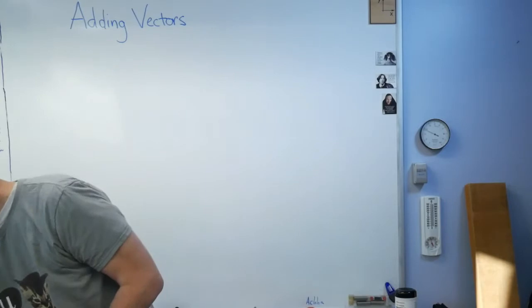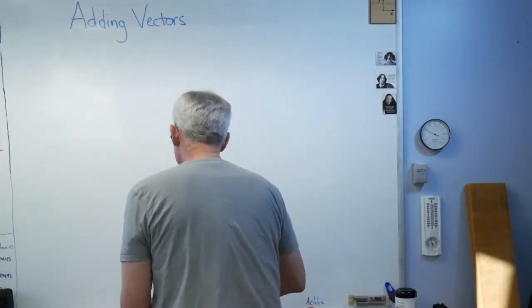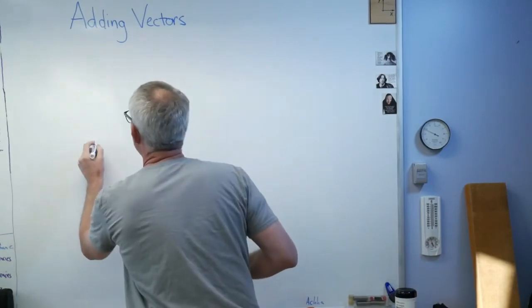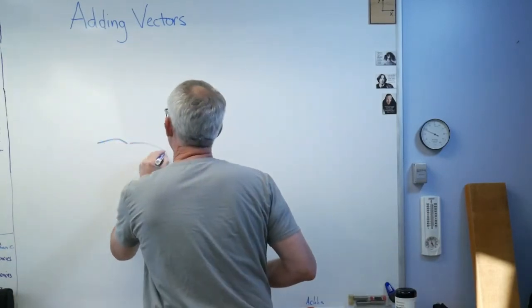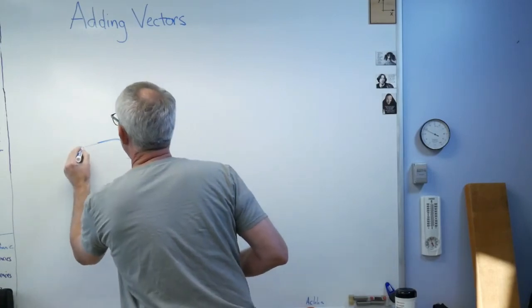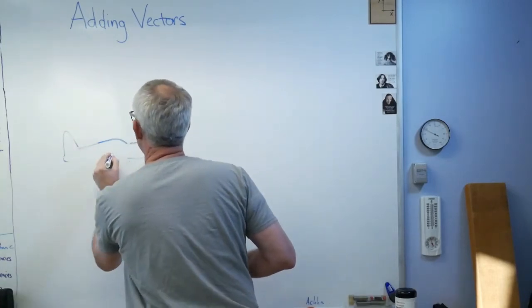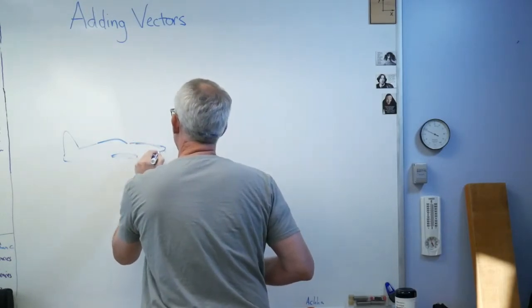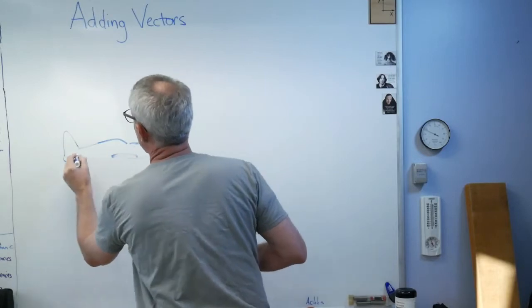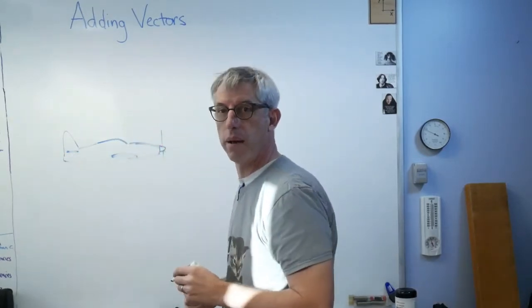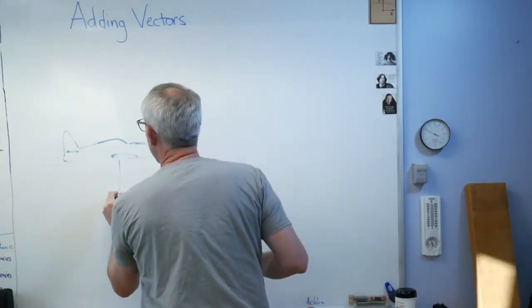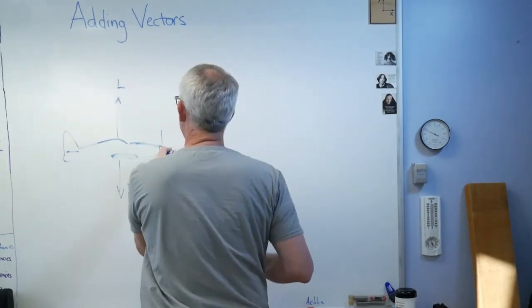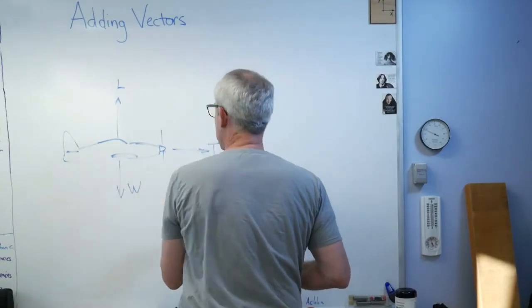So let's maybe draw a picture of that. Okay, if I have, I'll do this in blue perhaps. There's a very bad MiG-3, how's that? Okay, weight goes down, lift goes up, and the thrust goes that way.